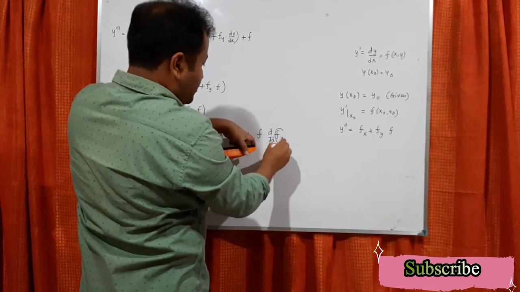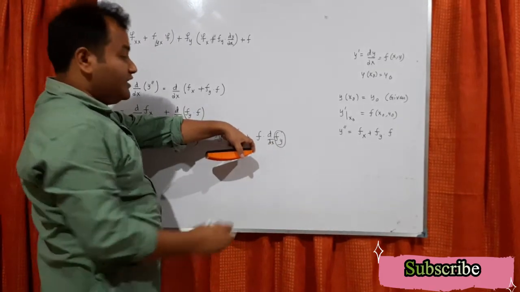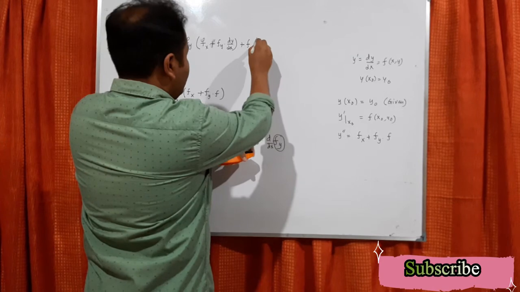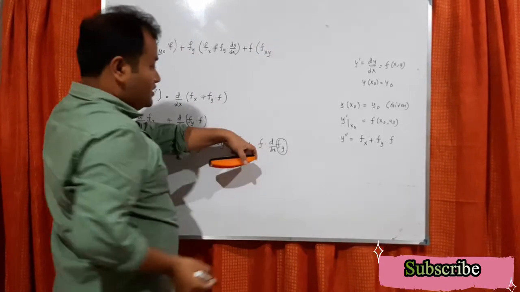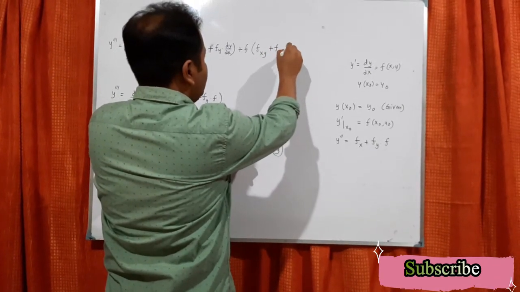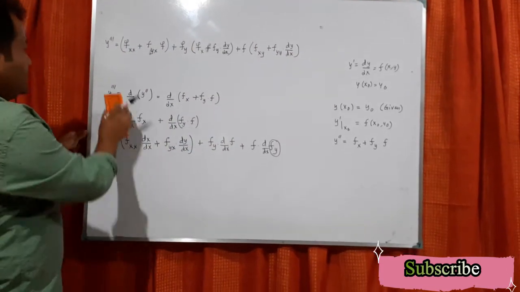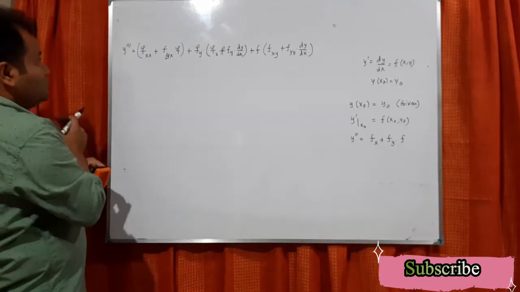Now this one we have to differentiate with respect to x and y both. So first I take the derivative with respect to x, plus f_y into dy dx. Now it is a very big expression, so you should note it down carefully. So what we have got?